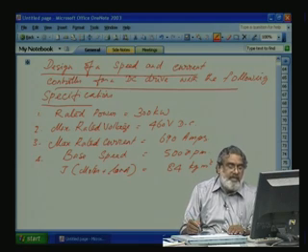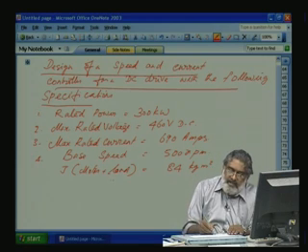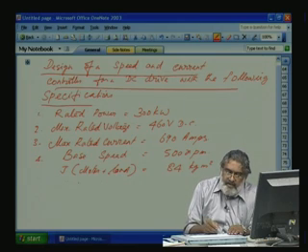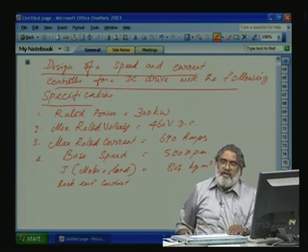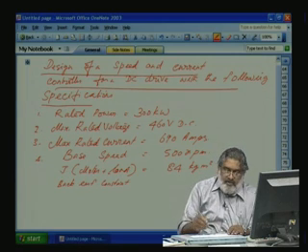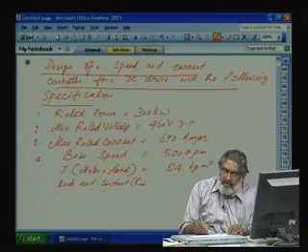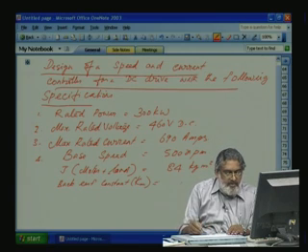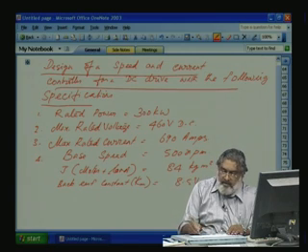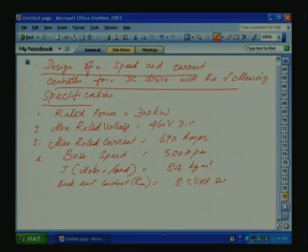For the machine, the back EMF constant, let us represent it as Km, that constant is equal to 8.5 volt second per radian.